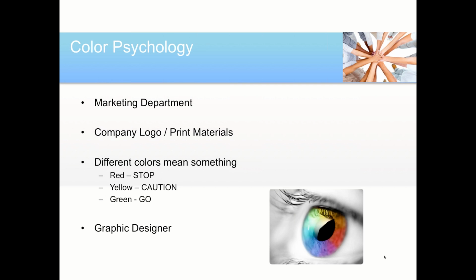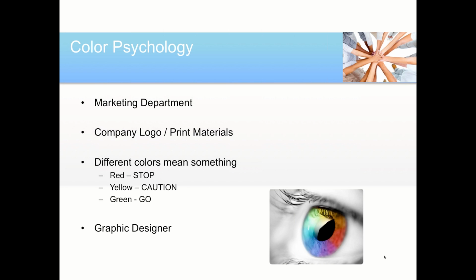Color psychology is key to dashboard design. You've heard the term before, color psychology. What does that mean? Different colors mean different things to people. The most common colors are red, which means stop, yellow for caution, green for go. And green can also be actionable.